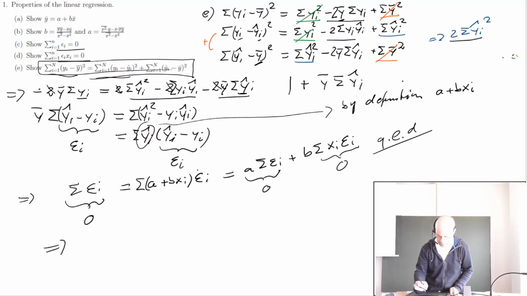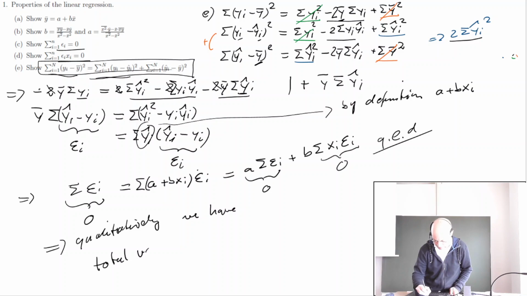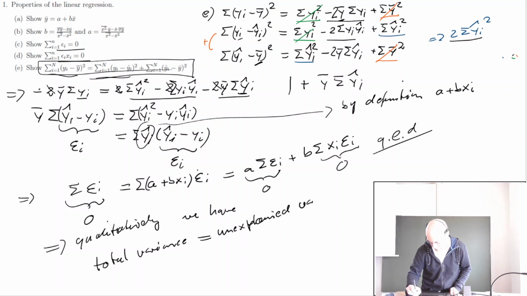So qualitatively, we have total variance equals unexplained variance plus explained variance.